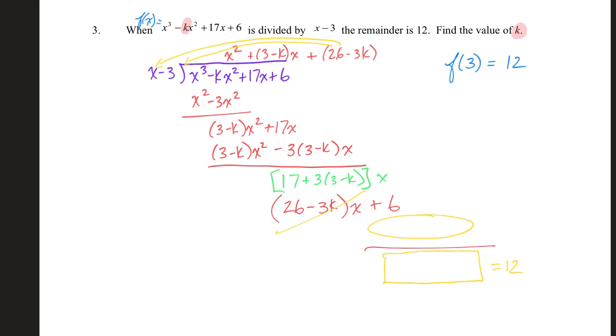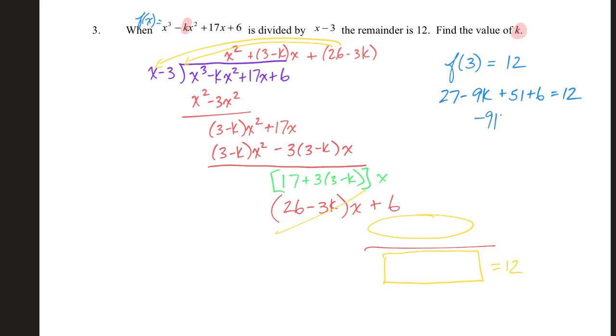So why don't I sub 3 back into f? Okay, 3 cubed minus 3 squared, which is 9, so times k, plus 17 times 3 is 51. And you now have a grade 9 equation that you can solve.